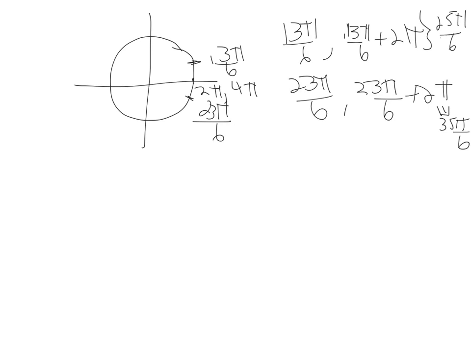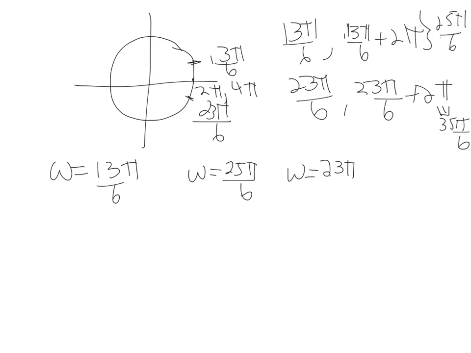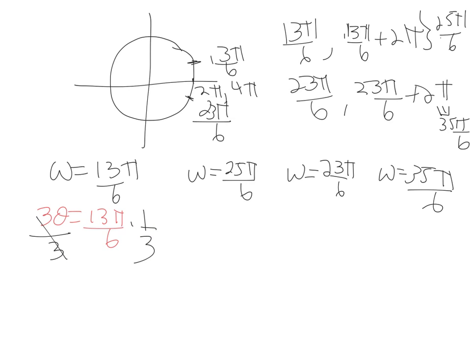So we've got, remember though, W equals 13 pi over 6, W equals 25 pi over 6, W equals 23 pi over 6, W equals 35 pi over 6. But what was W? And again, I would do it for all of them.